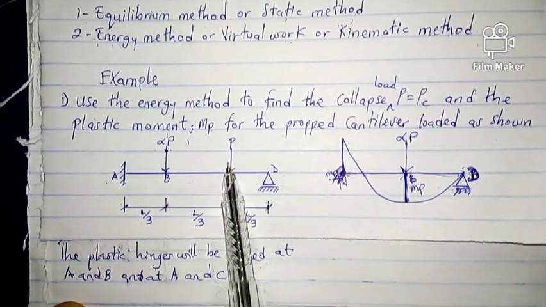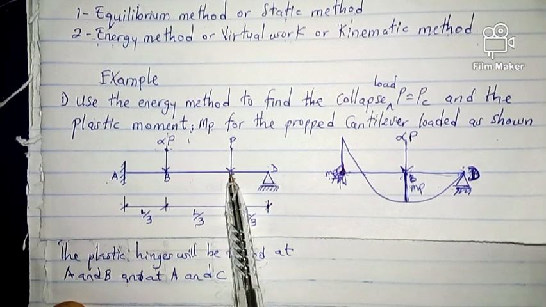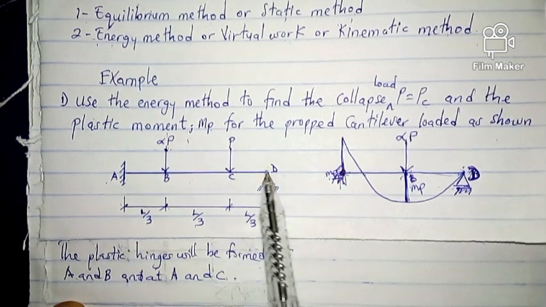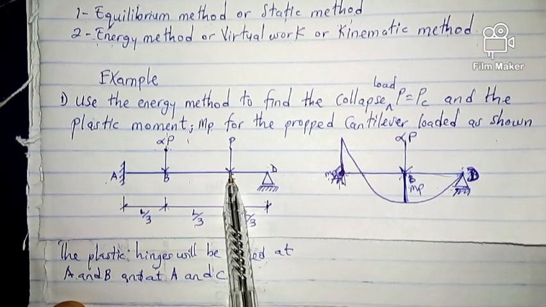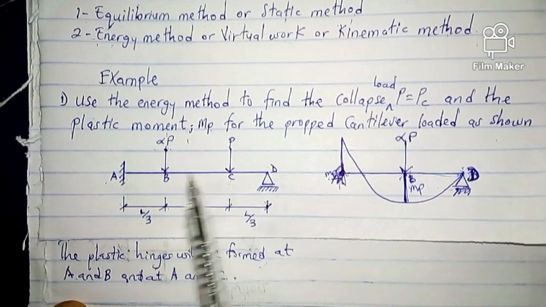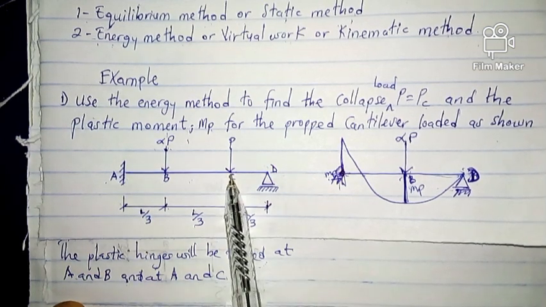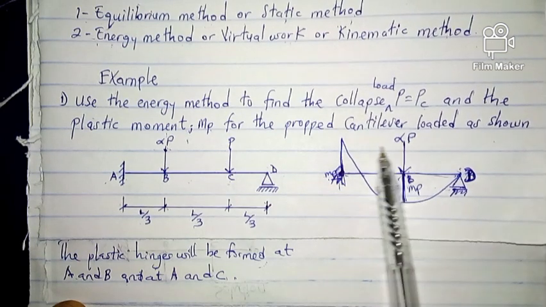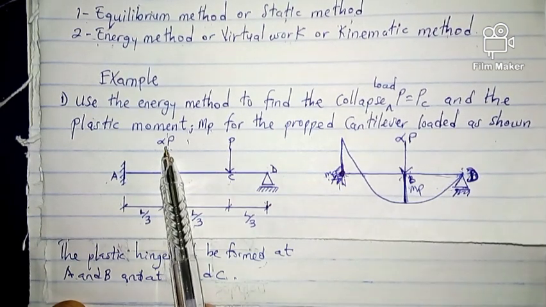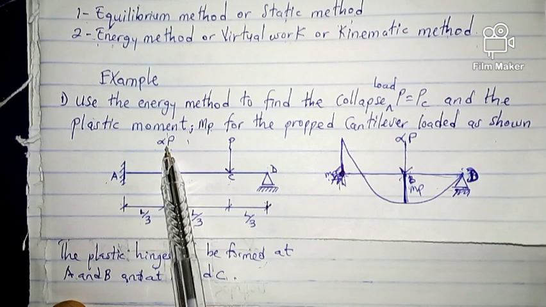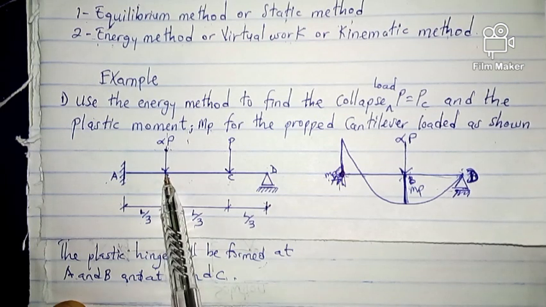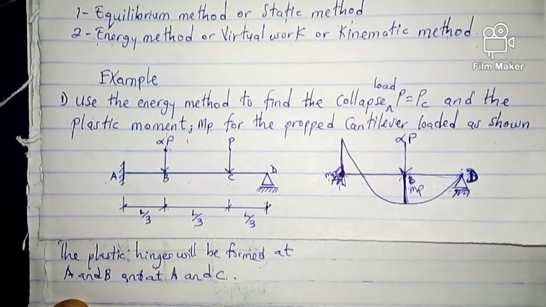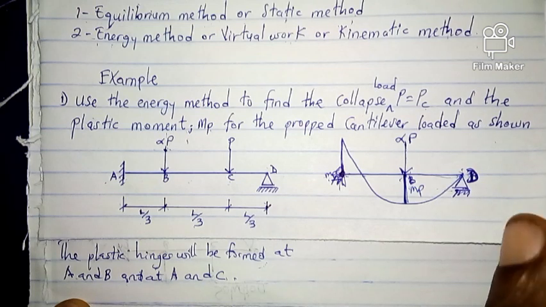If I'm considering load A, C, D, there will be maximum moment at A and at C only, and the places where the plastic moment is going to be formed are A and C. So if I'm considering this load alpha P, the plastic hinge is going to be formed at A and at B. That is to say, we have two mechanisms.